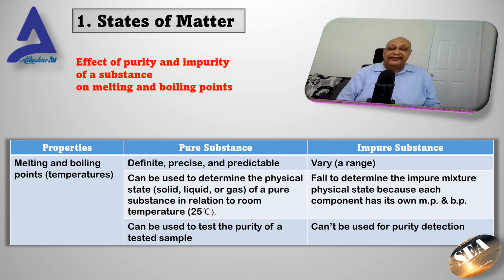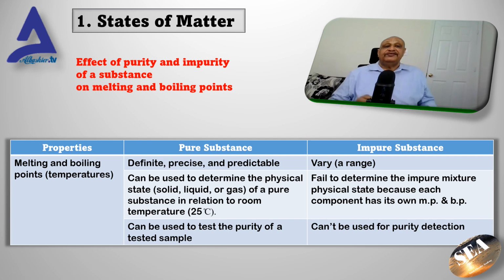Let us go further. If the tested substance has a melting point above 25 degrees centigrade and a boiling point above 25 degrees Celsius, that means this tested substance at universal room temperature, 25 degrees centigrade, is a solid substance.